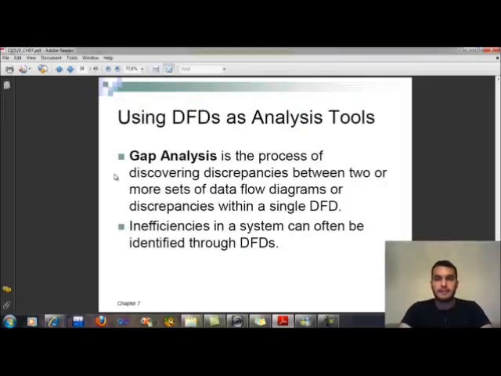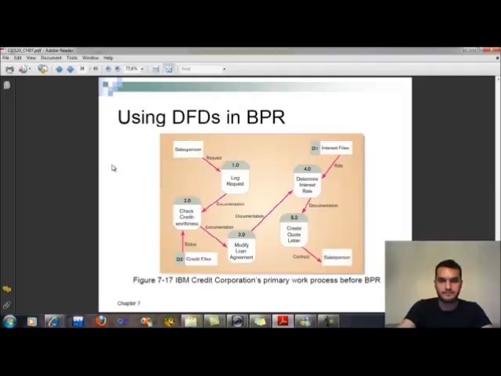And gap analysis is the process of discovering discrepancies between two or more sets of data flow diagrams or discrepancies within a single DFD. Ineffectiveness in a system can often be identified through DFDs.